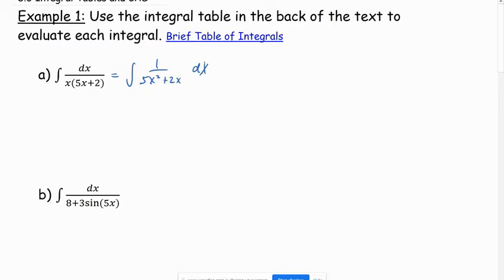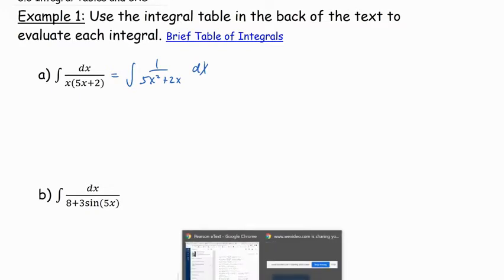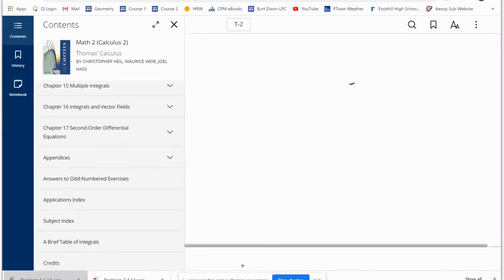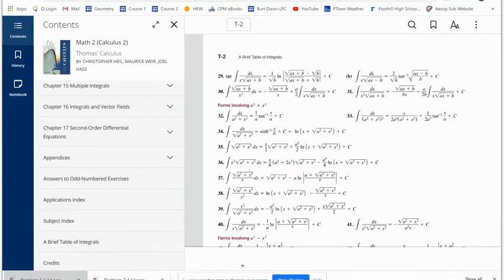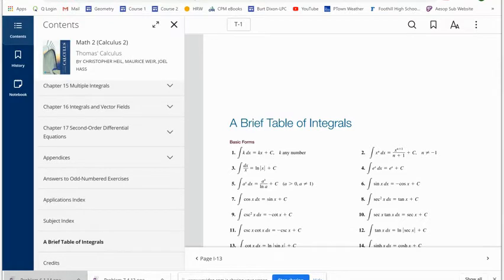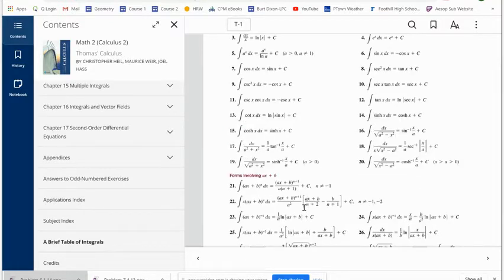If we look through, formula number 26 looks like our original problem, so I didn't need to distribute. Formula number 26 shows that if we have x times a linear expression ax plus b, we can evaluate it this way.